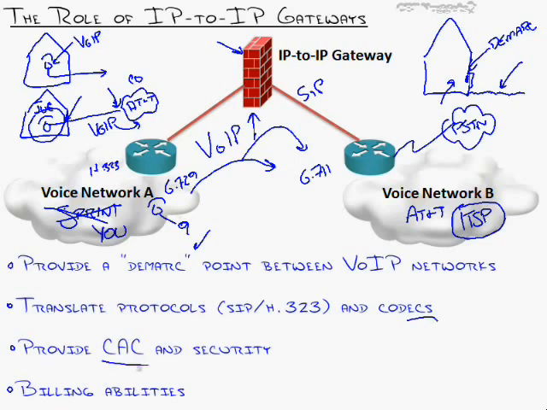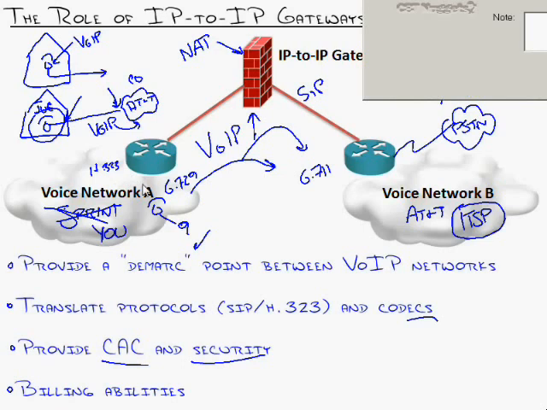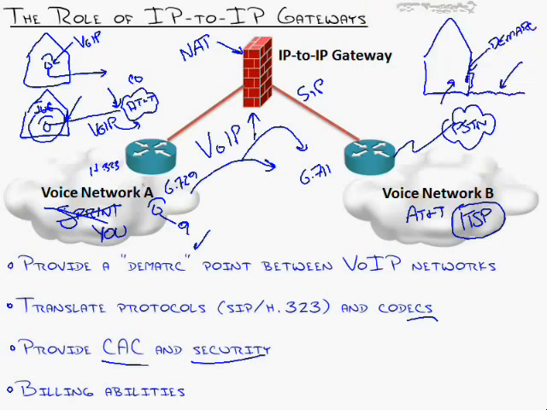It can provide call admission control, like, am I allowed to make this outgoing call? It can provide a level of security. The reason why is that it can also act as a NAT firewall for your phones. For instance, maybe you're using, and most likely will be using, private IP addressing inside of your organization. Well, you don't want those private addresses.